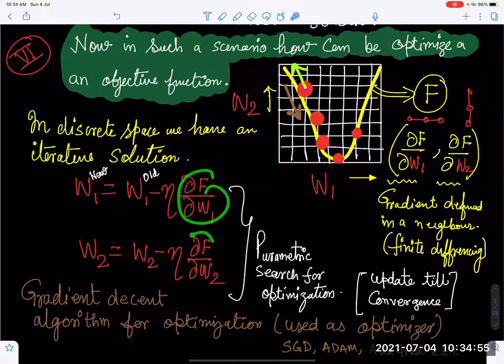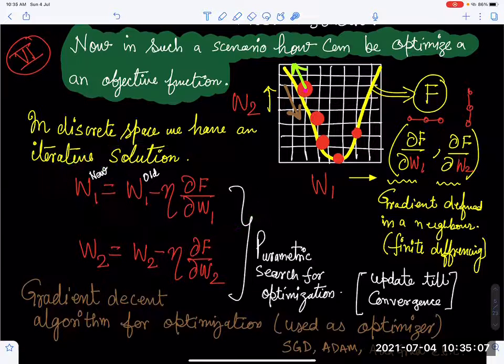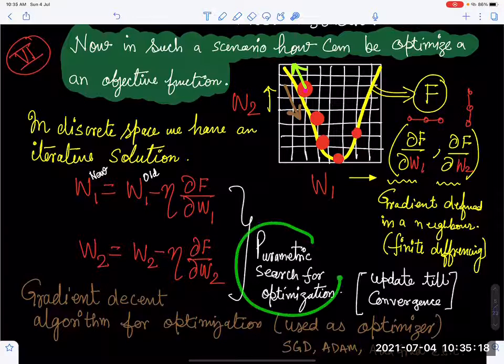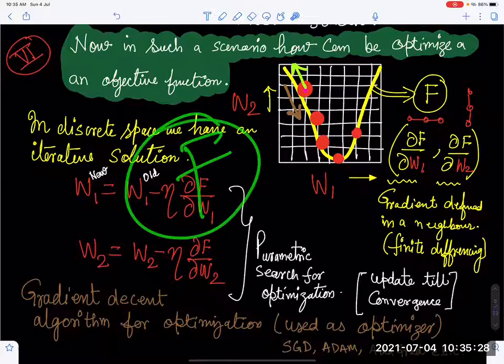You take them one by one, multiply with eta, that's your learning rate, and subtract it from your actual location of W1. That gives you the new value. By the way, this is called gradient descent, and the stochastic version also exists. Using gradient descent, you can search for the best possible set of parameter values that minimize the given function F. Okay.